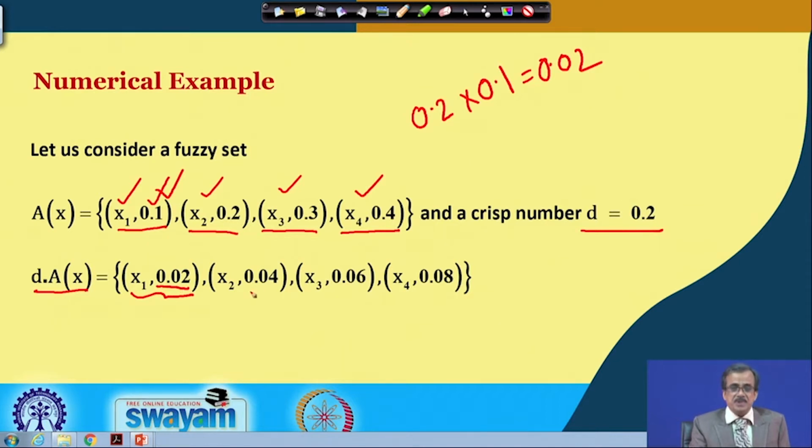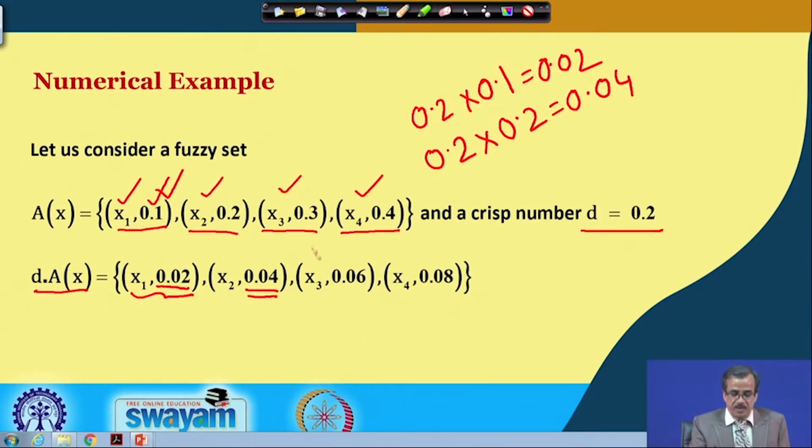Following the same procedure, corresponding to x2, the membership value is 0.2 multiplied by d, which is 0.2, so this is nothing but 0.04. So, corresponding to x2, we will have 0.04.